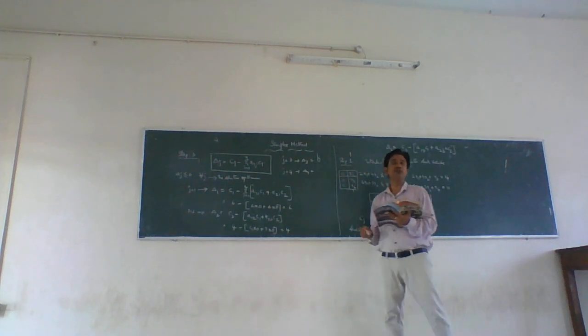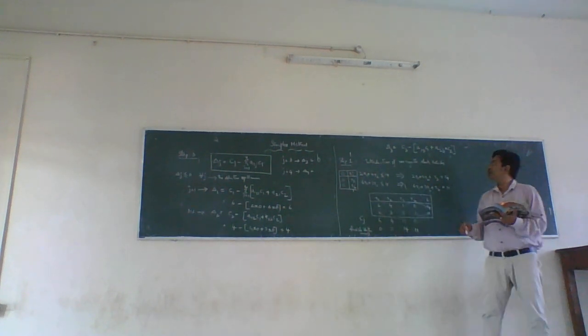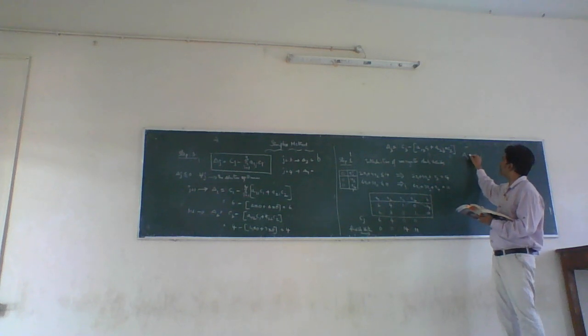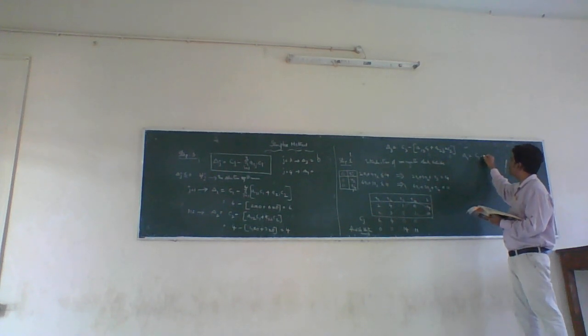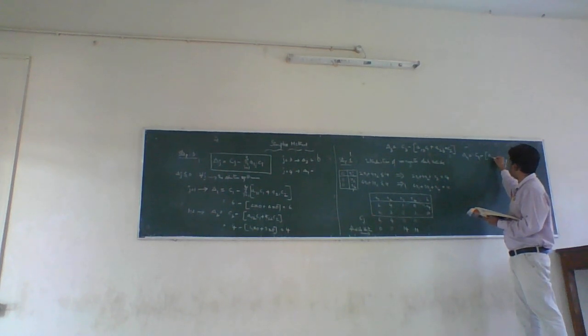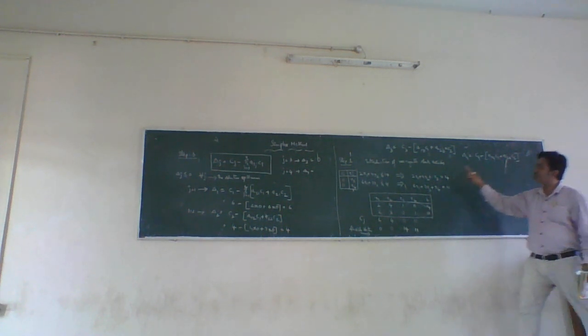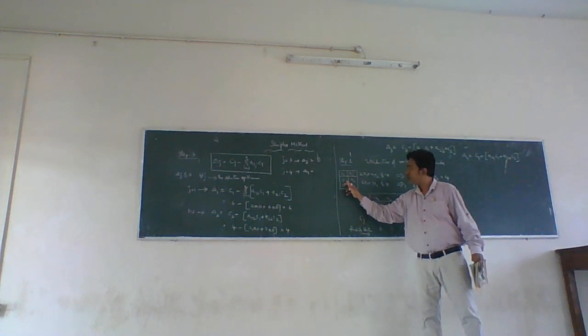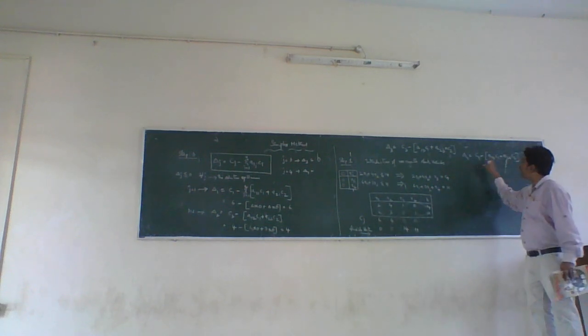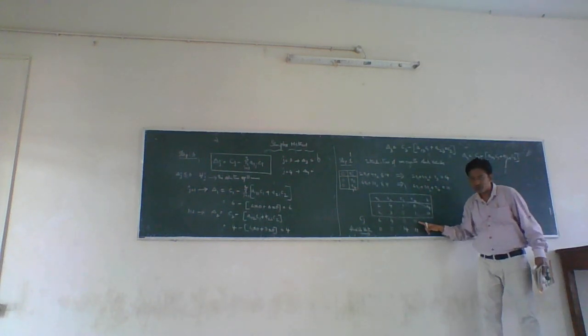Now what is delta 4? Delta 4 formula is C4 minus A14 C1 minus A24 C2. Anyhow C1 and C2 initially are zeros, so this will be 0, and C4 for J4 is 0.